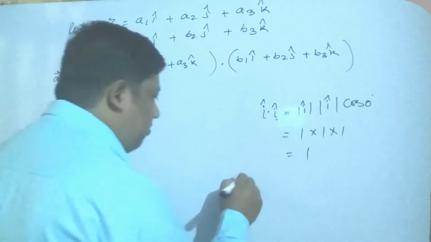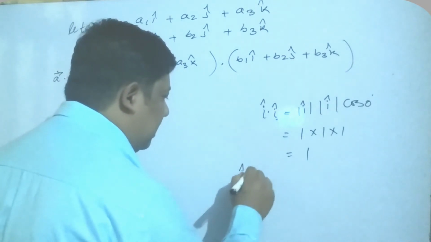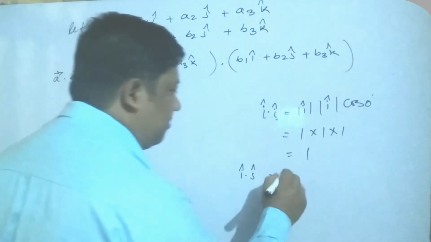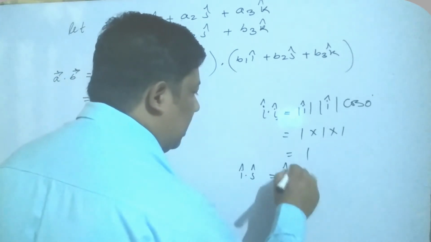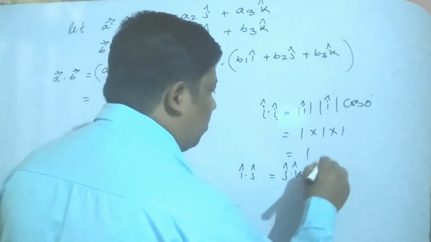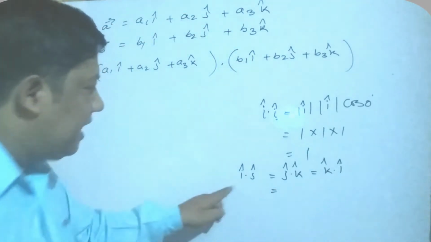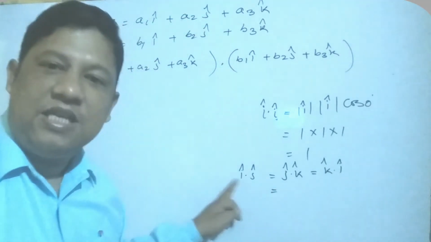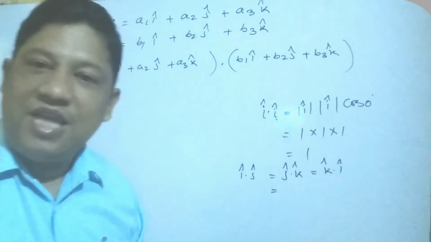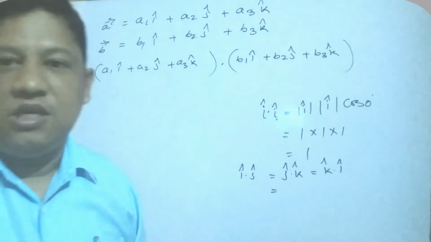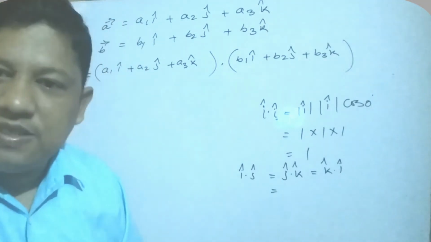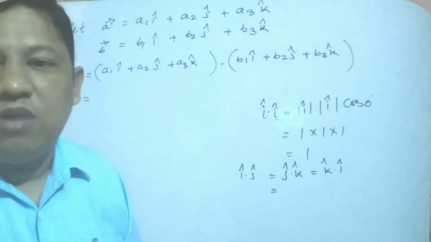But if you want to multiply i dot j or j dot k, or k dot i, then what will happen? i and j, it is the x-axis, it is the y-axis. Then the angle becomes 90 degree. Because the x-axis, y-axis, z-axis are mutually perpendicular vectors.